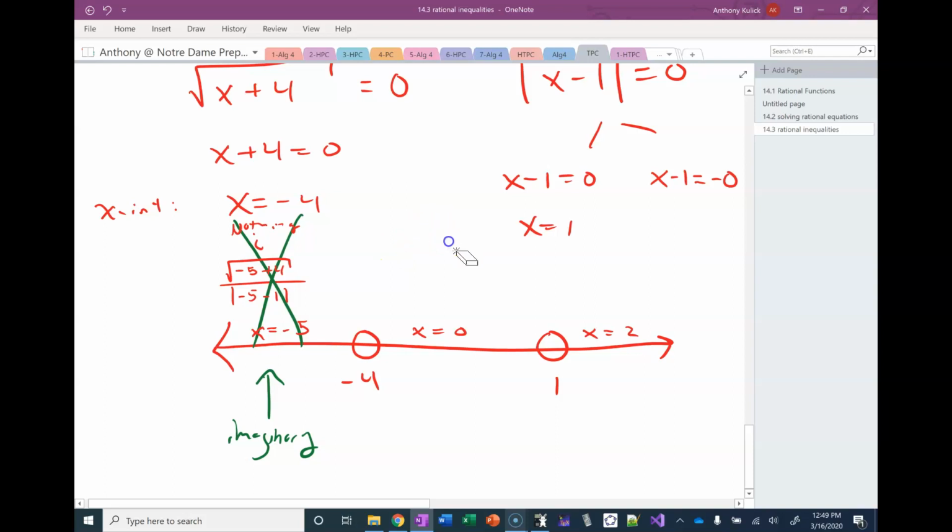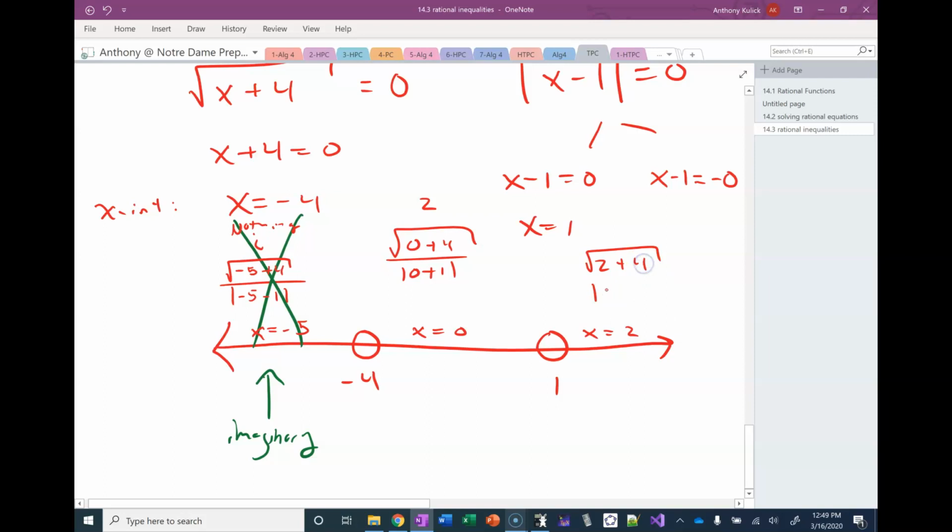Okay. So now we're going to have the square root of (0 + 4) over the absolute value of (0 + 1). Well, 0 plus 4 is 4, and the square root of 4 is 2. And 0 plus 1 is 1, so that just gives me 2. And then let's do our other test value.